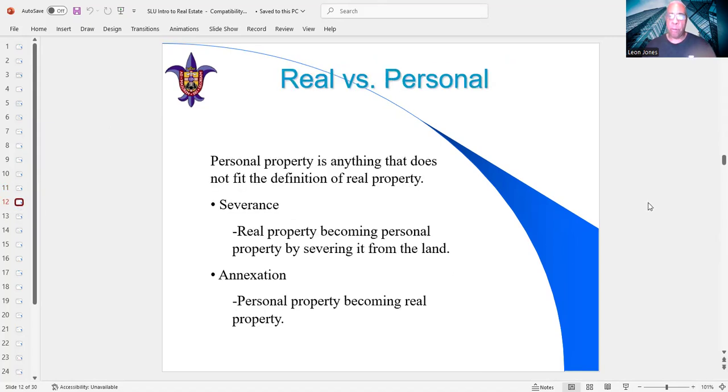Real versus personal. Well, personal property is anything that does not fit the definition of real property, like severance. Real property becoming personal property by severing it from the land. And then we have annexation. It's personal property becoming real property.